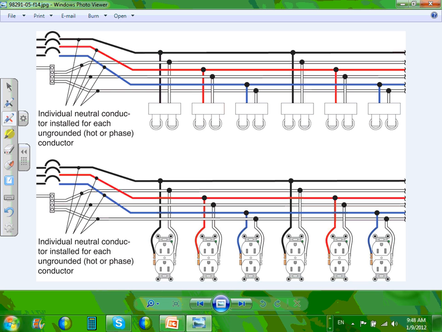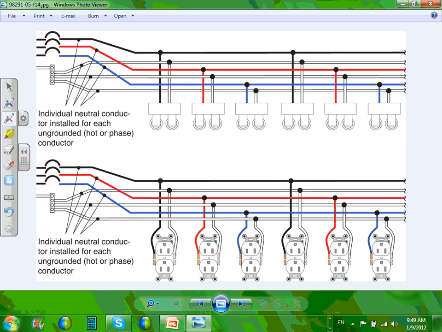Another solution, guys, is if I can fit 17 fixtures on one circuit, I can put 15, reducing the load. A third solution is to make the conductor bigger. If I have number 12 for each of these, I can make the neutral number 10, and all the hots number 12, to accommodate the high current that's going to be seen because of the harmonics.